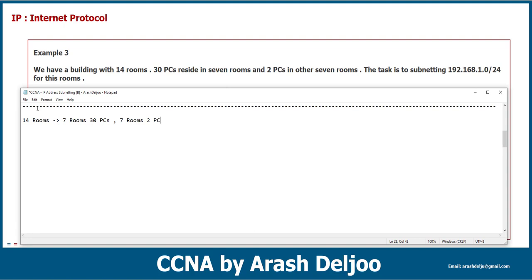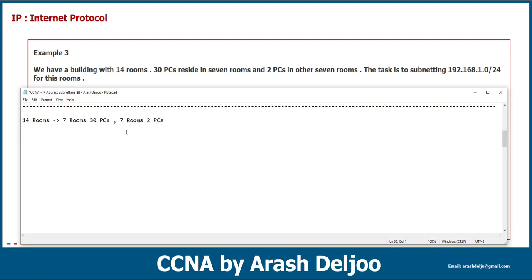Because of that, we have 2 types of requirement. In all of the 2 examples that we did before, we had only 1 requirement. For example, 4 rooms with 62 hosts in each room. But here we have 7 rooms with 1 type of requirement, 30 PCs, and the other 7 rooms have only 2 PCs.